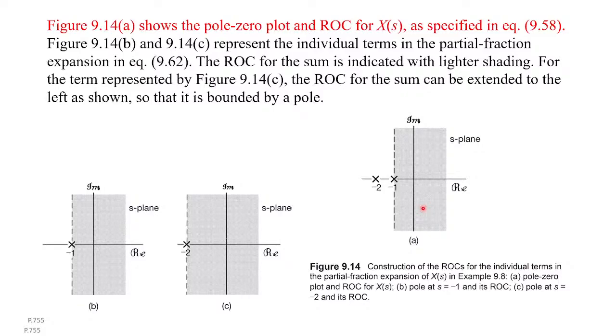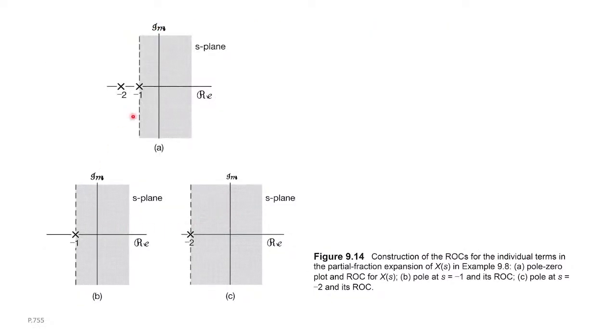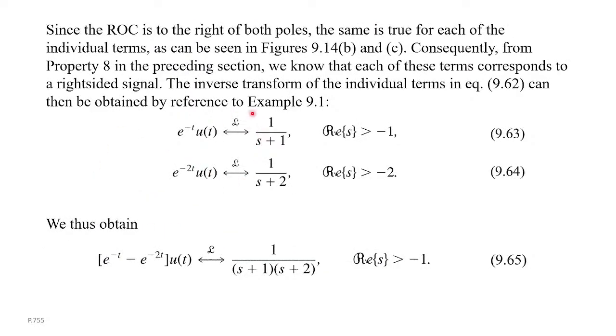This should be the union of the two ROCs we pick here, so the only possibility is that for both of them you pick the right side: bigger than -1 and bigger than -2. And so the inverse is a positive-time decaying exponential for both of them.